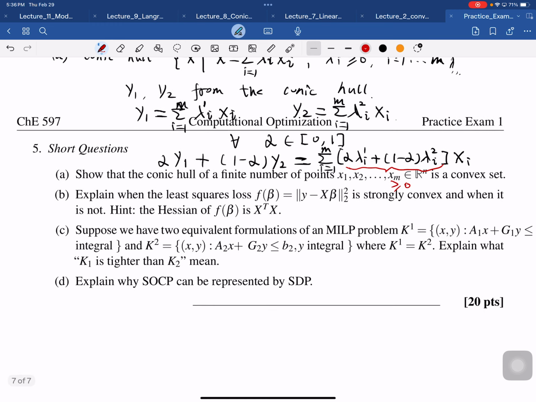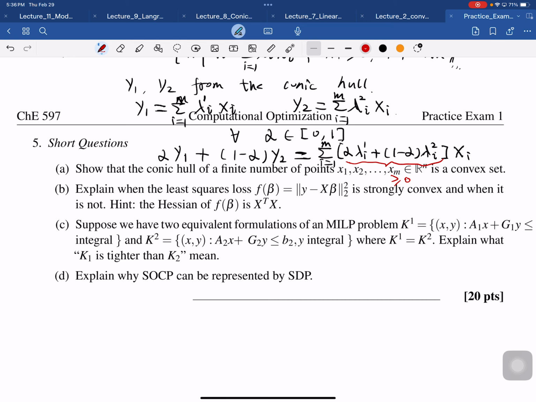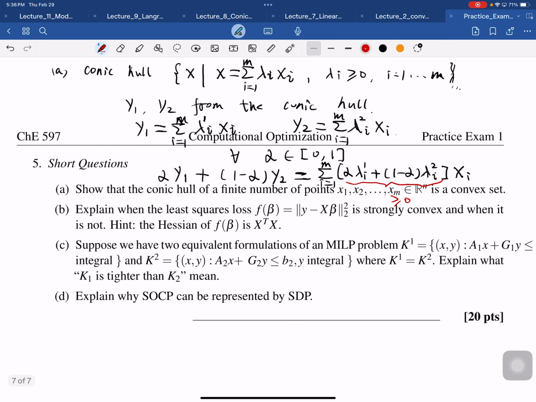Any questions here? Okay, if no questions, I will talk about part B.